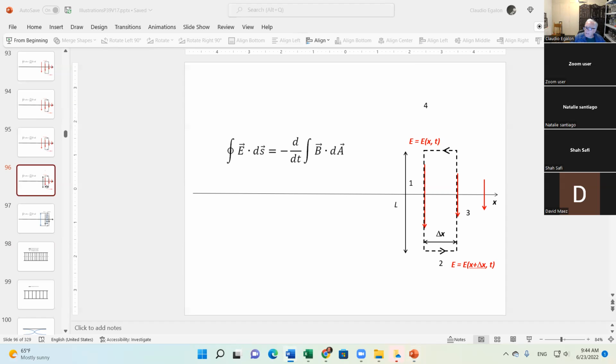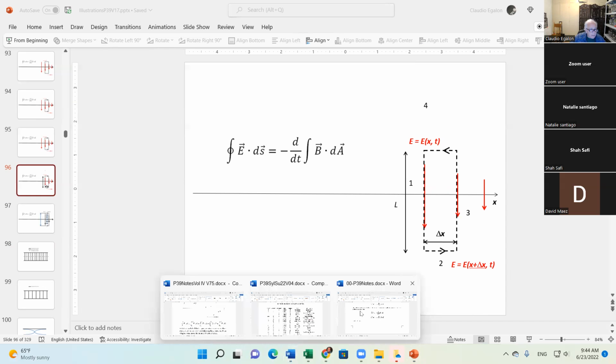This integral can be broken down into 4 integrals: integral over path number 1, integral over path number 2, integral over path number 3, integral over path number 4.